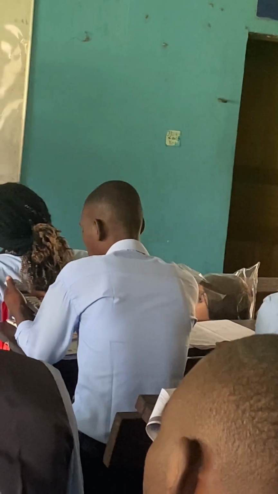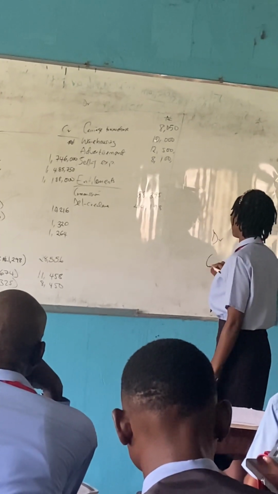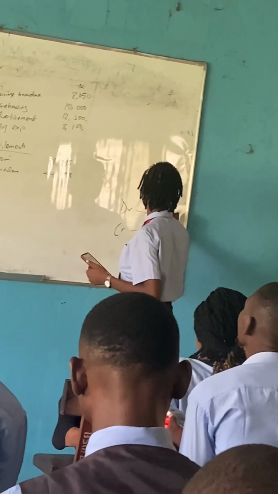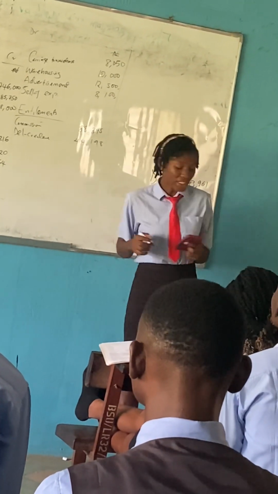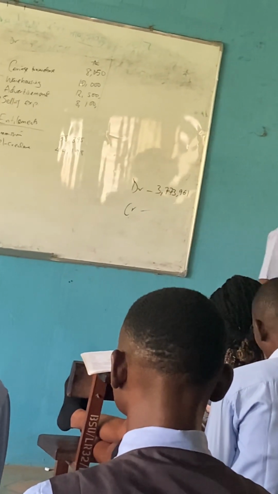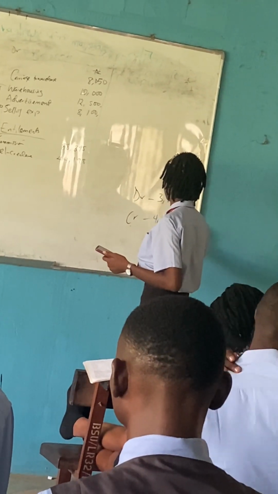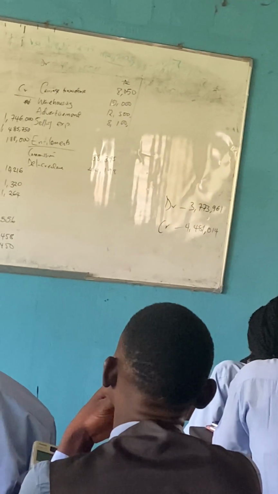So let's balance the debit side. Who is adding for us? Your debit side value, credit side value, so we can balance our account. 961. Yes, good. Total credit side 4,481,000. Which side is higher? Which side is lesser?